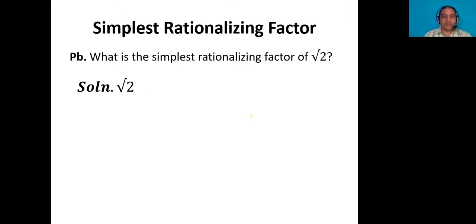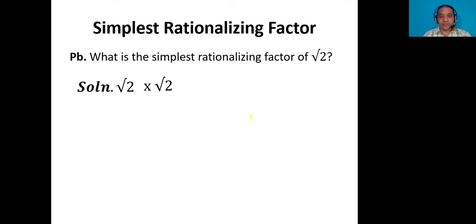I repeat, square root 2, we want to rationalize it. Simply, we want to remove the square root. And if we want to remove the square root, we should have two 2's. So one more 2 should be there. So for that, we should multiply with square root 2.